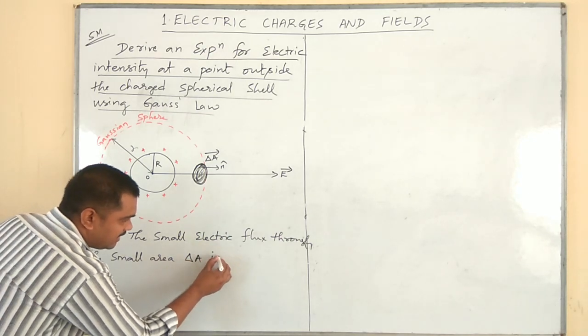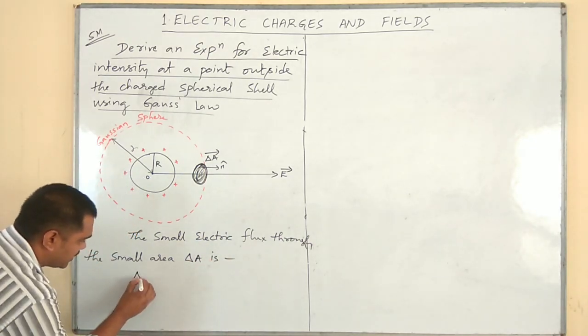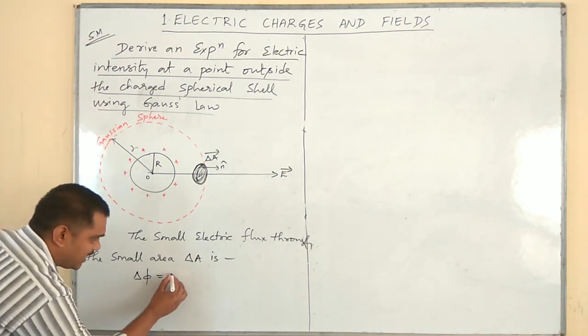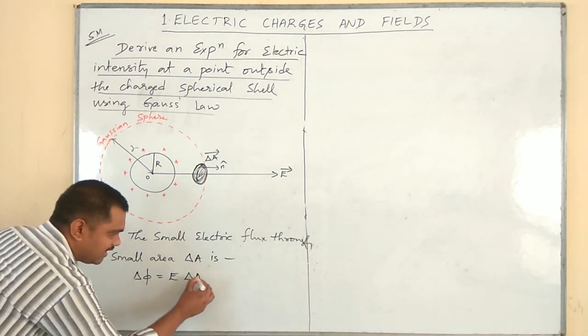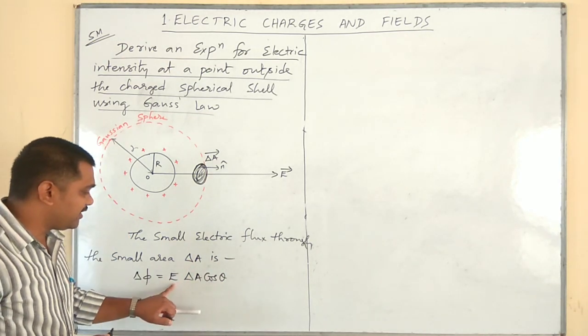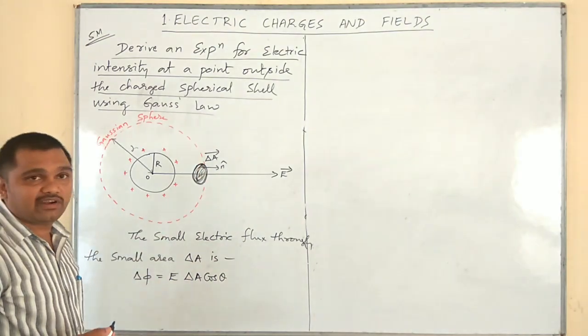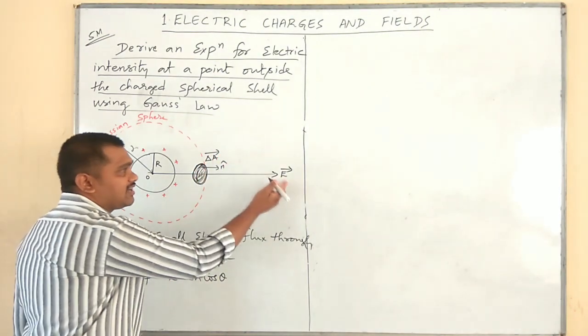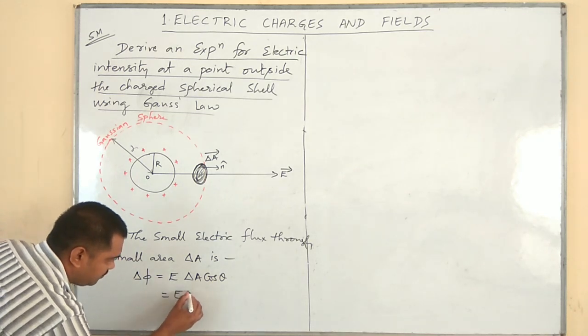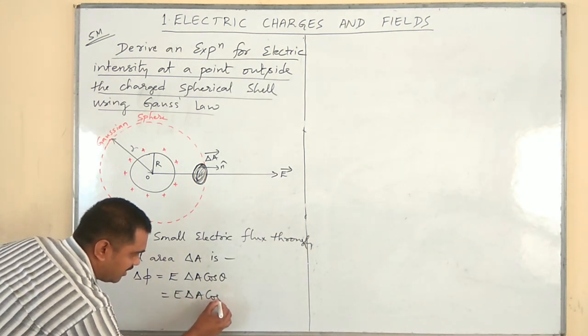delta A is, what is the formula for delta phi, which is given by E delta A cos theta, where theta is the angle between the E vector and the delta A vector. Since the angle between delta A and E here is 0, you can take it as E delta A cos 0.